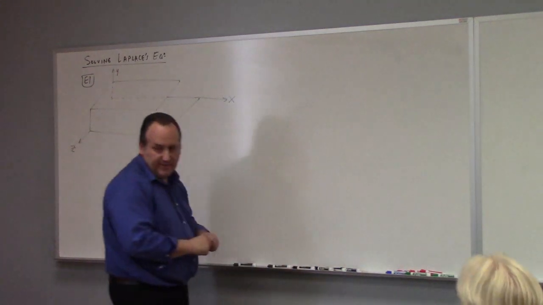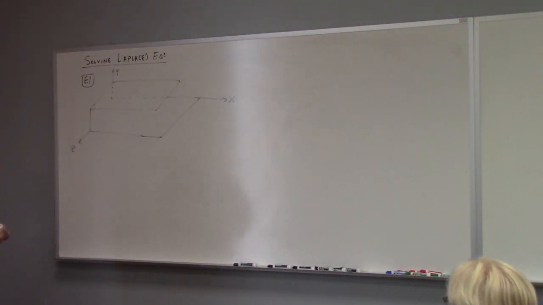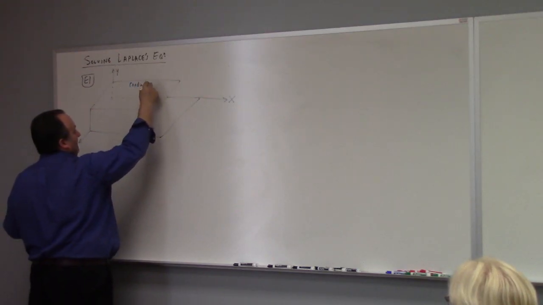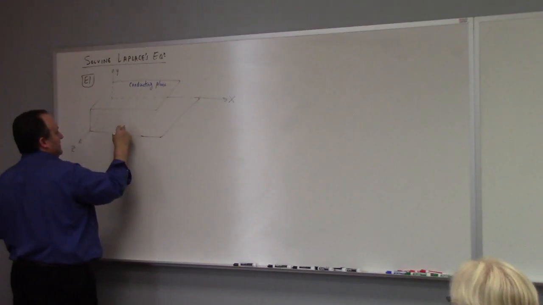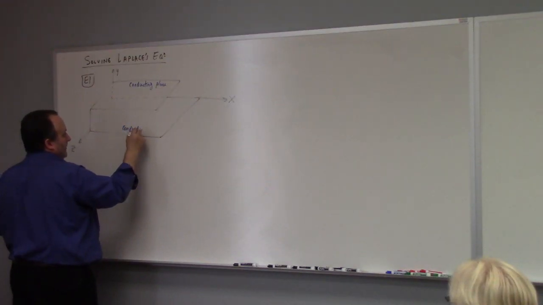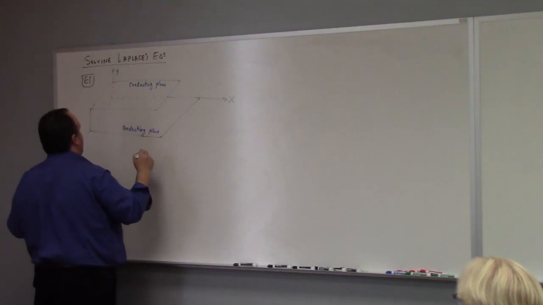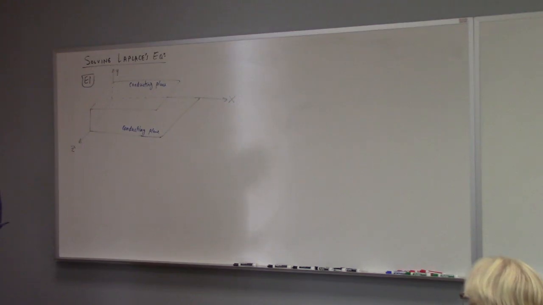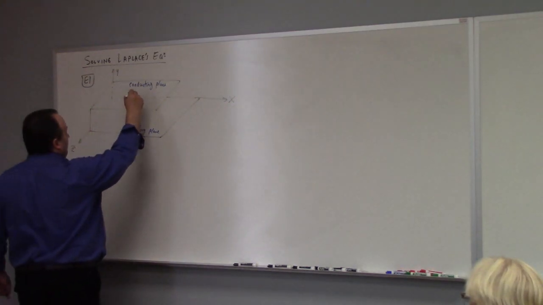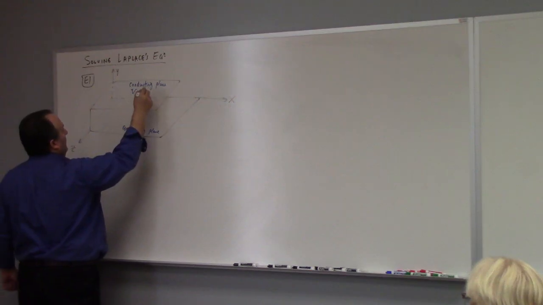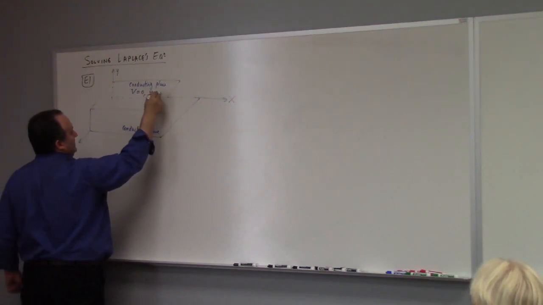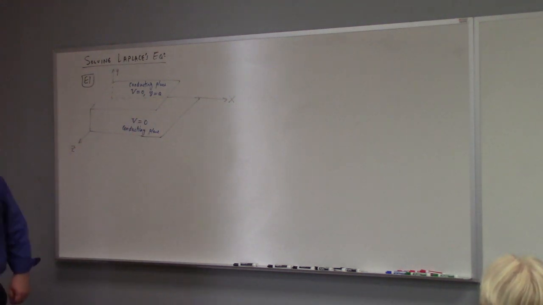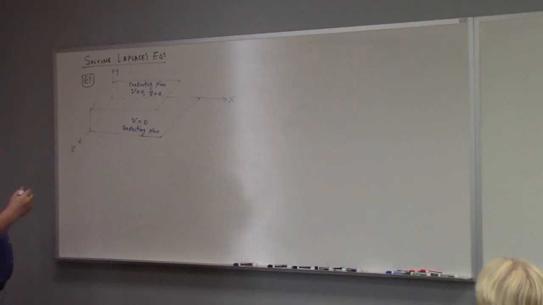This is the conducting plane. This is the conducting plane. We're putting V equals 0 up here, at y equals a, and we're also putting V equals 0 down here at y equals 0.